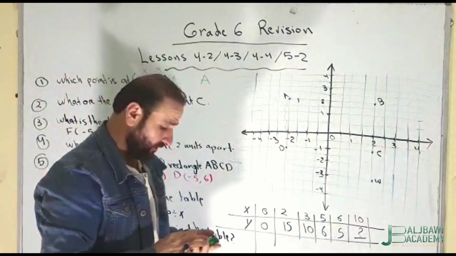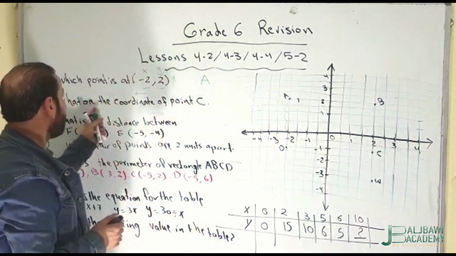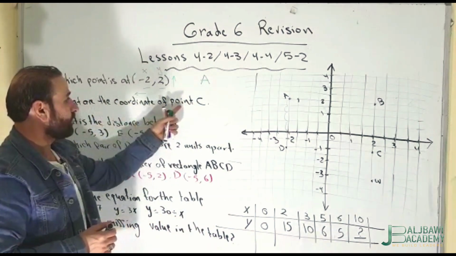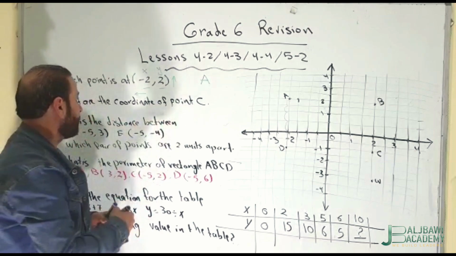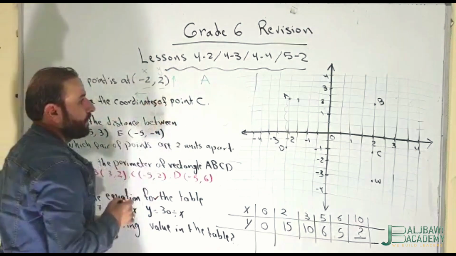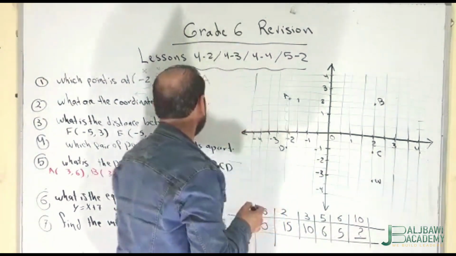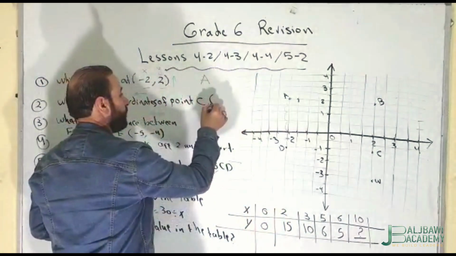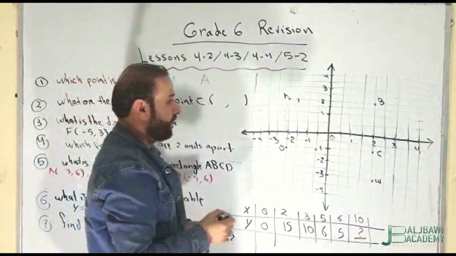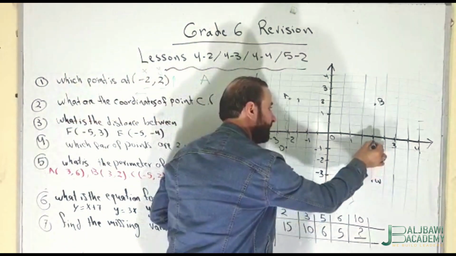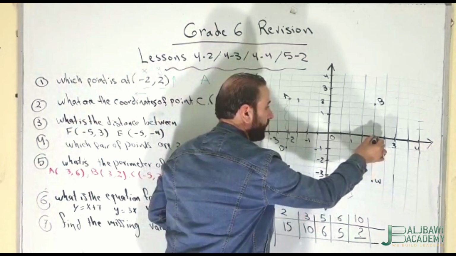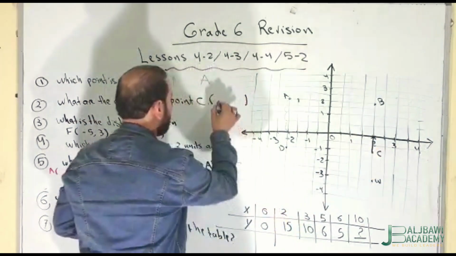Now the second question: what are the coordinates of point C? We want the x coordinate and the y coordinate of point C. The x coordinate is here, so it is 2.